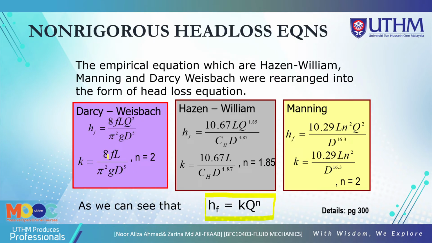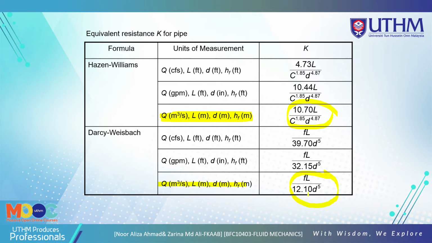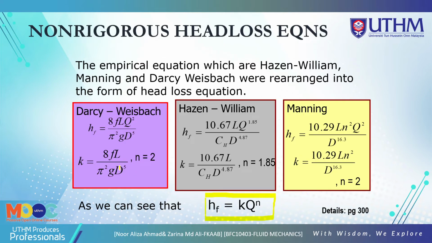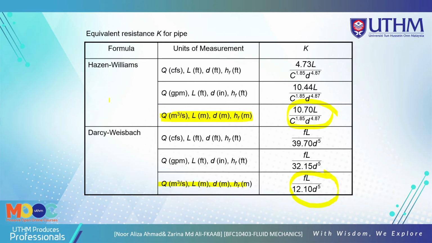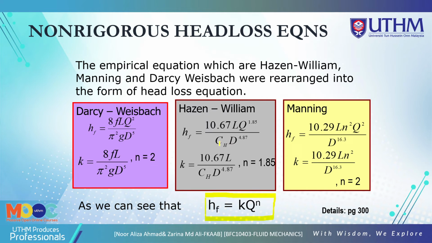You just calculate 8, divide by 3.14 squared and g, so you get the value here, which is the same as here, with D^5. So you get this one.